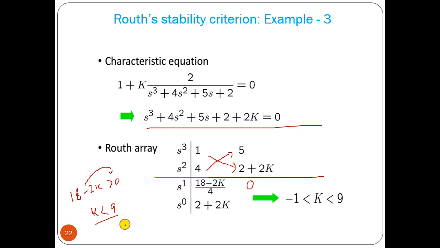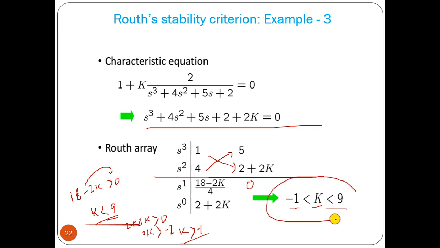From the other factor, 2 plus 2k should be greater than 0, so 2k should be greater than minus 2, so k should be greater than minus 1. So the condition is k should be greater than minus 1 and less than 9. Then only your system will be stable, because there should not be any sign change in the first column.